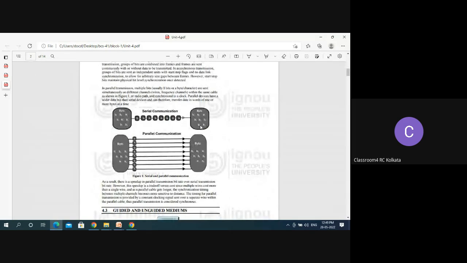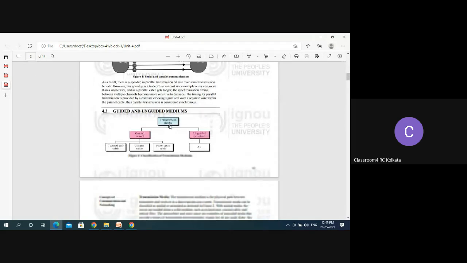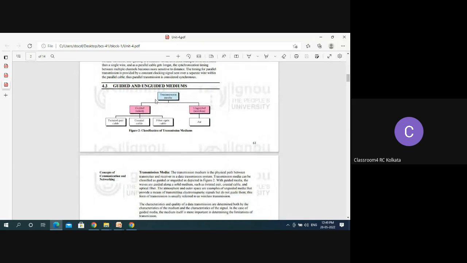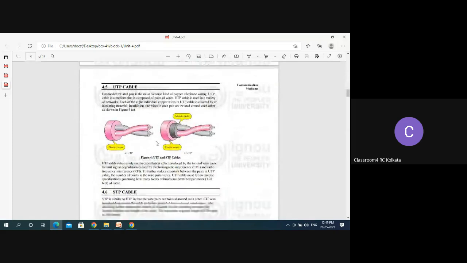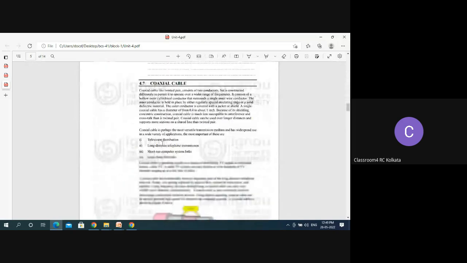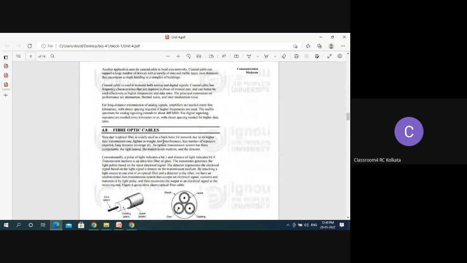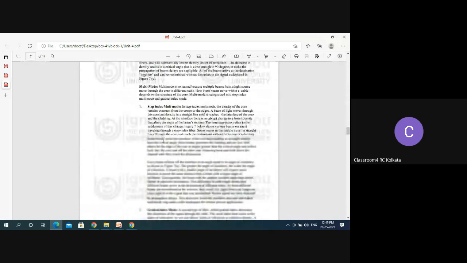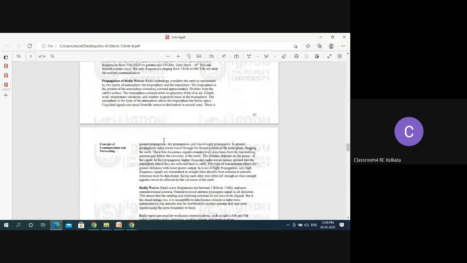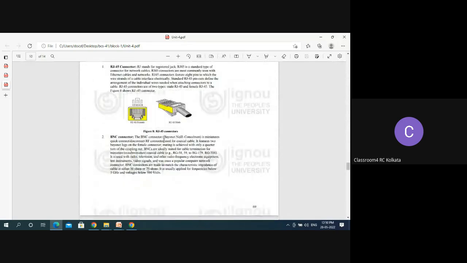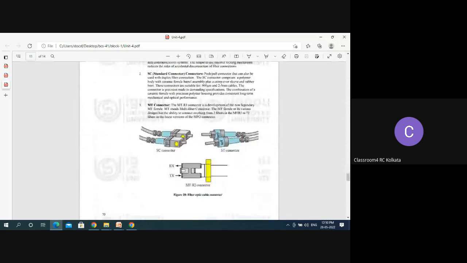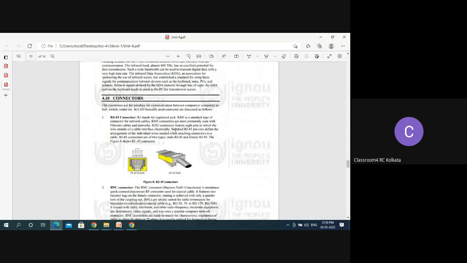I already mentioned here serial, parallel, guided media and unguided media, twisted pair, UTP, STP, coaxial cable, optical fiber cable, and unguided media, microwave or satellite. Or some connectors, which we already use from one computer to another computer.